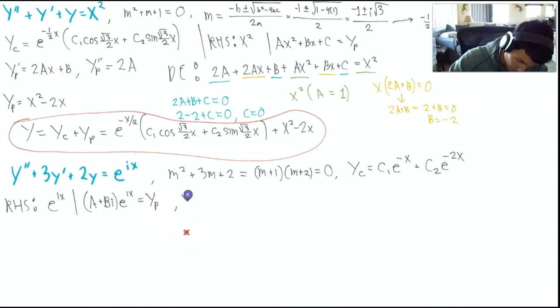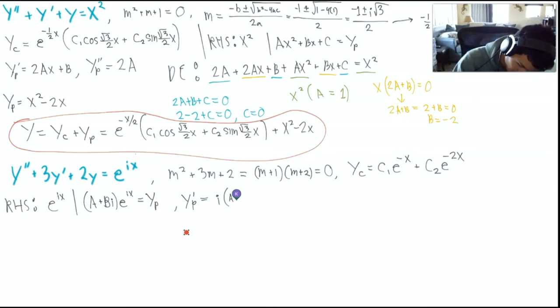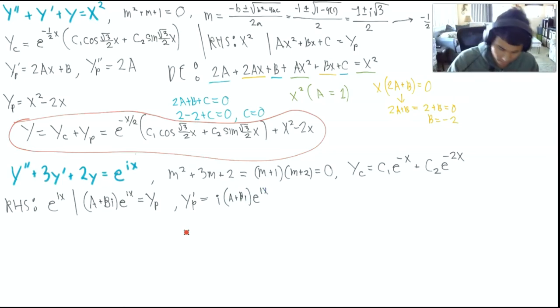Okay, so y prime p, right? What is that? Oh, well, that would be i times a plus bi, e to the ix. And remember what i stands for.